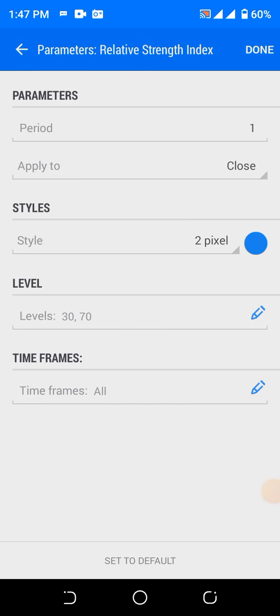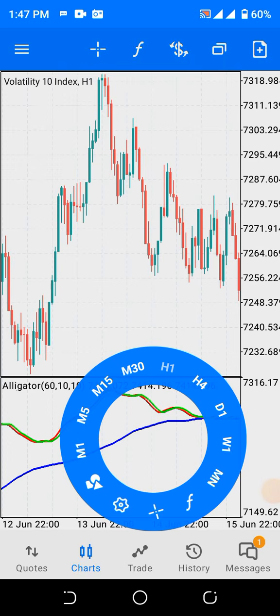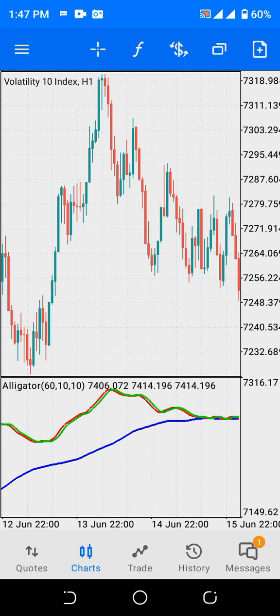Once you insert it, then under the indicator window of RSI, you insert the alligator indicator, so that the alligator indicator will go down from the main chart. Do you understand? All right, that's all you need to do to record massive profit trading with this particular strategy.